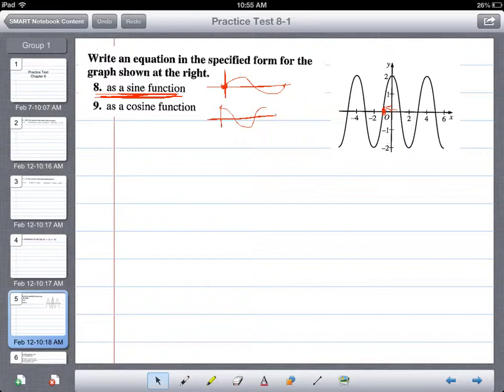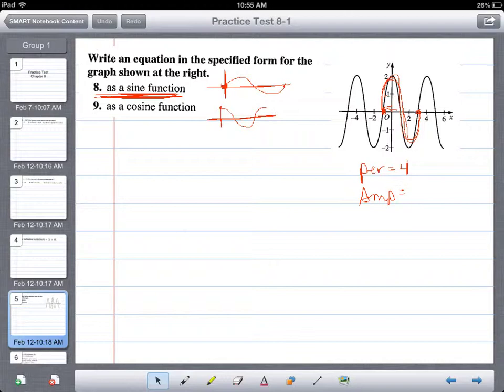So I need to make those changes in my equation. And then here's what the sine curve does: hill, valley, and back up again. By doing that, I am measuring the period if I go from negative 1 to positive 3. That's a span of 4, so the period of this function is 4.